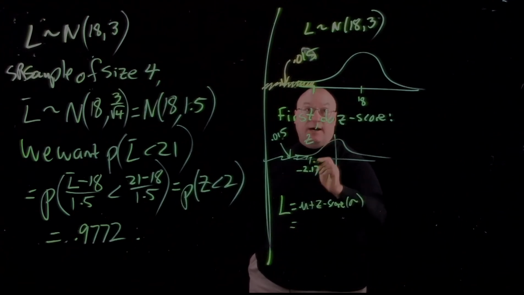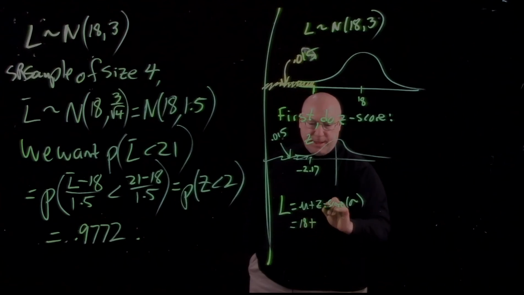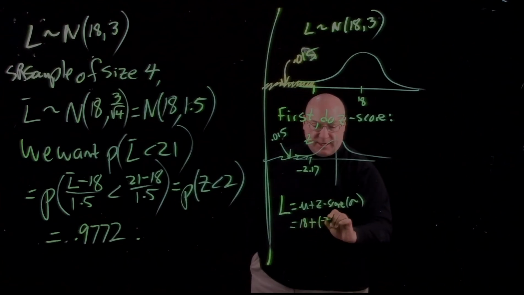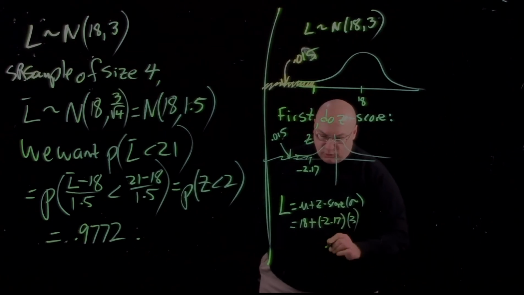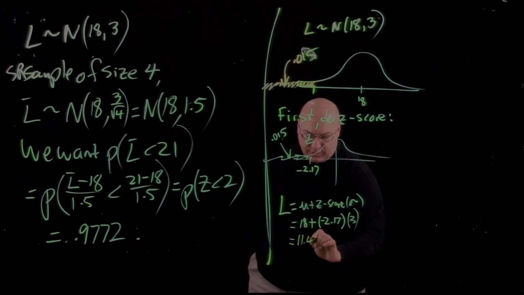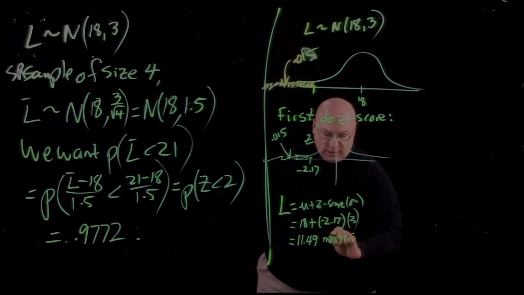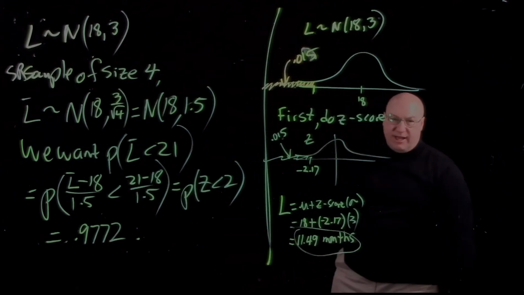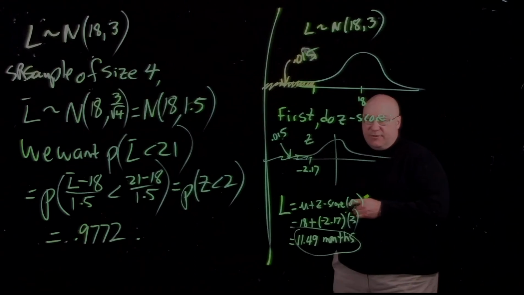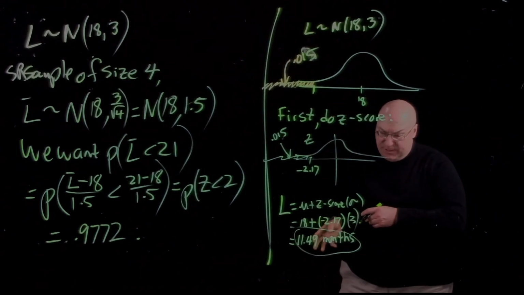So we get 18 plus negative 2.17 times 3, and you work that out and you get 11.49 months. So about 11 and a half months. If a mouse lives 11 and a half months or less, they're in the lower 1.5% of mouse lifespans.